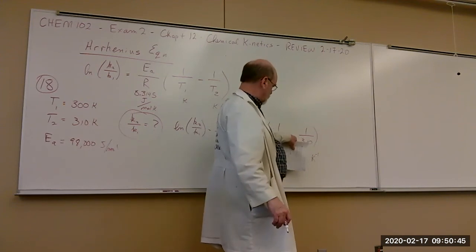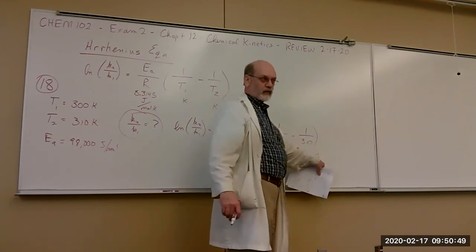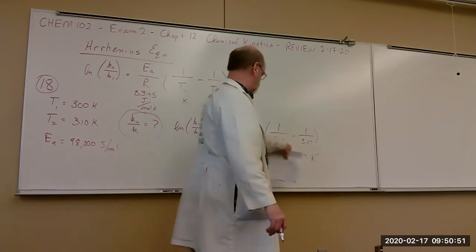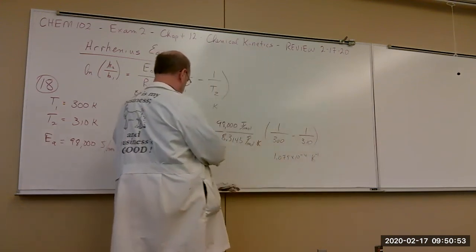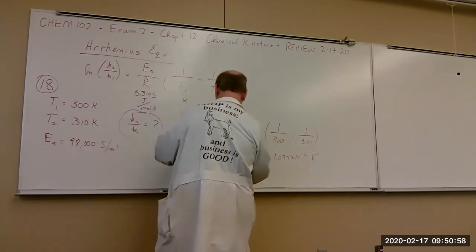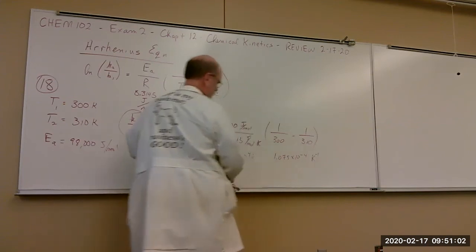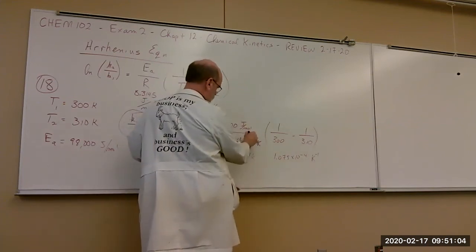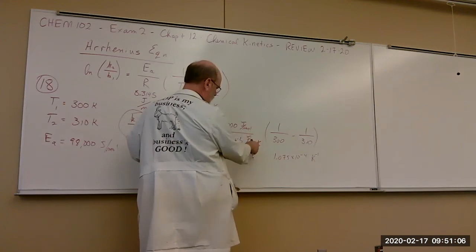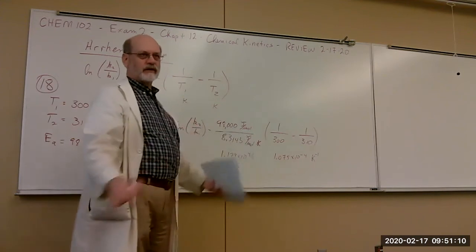Because K is down here, but when you take the reciprocal of it, you get K to the minus 1. Okay? Just saying. And this value reduces to 1.179 times 10 to the 4th K, because that cancels, and K is in the denominator of the denominator, which means it's in the numerator.